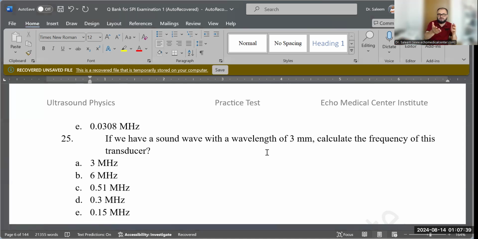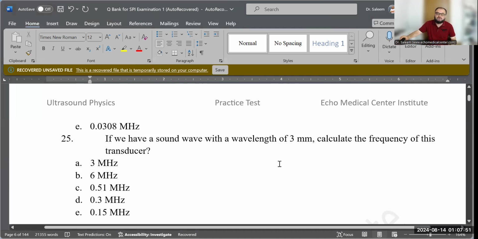Here we have a lambda, which is 3 millimeter, and then a propagation speed. We have to remember that is 1.54 millimeter per microsecond. So 1.54 millimeter divided by 3, and I believe if we do this calculation, that will be 0.513, something like this. So we will keep it to 0.51 megahertz. I believe so. You're absolutely correct. That's the correct answer.